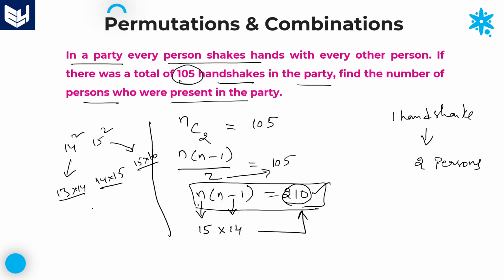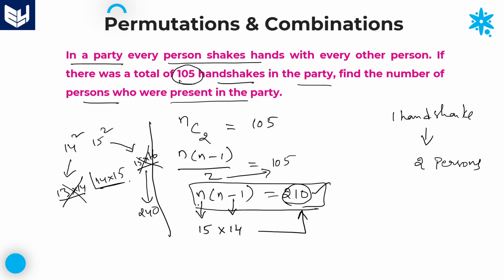Out of these three possible cases, here the units place is 2, so we check. 15 into 16 has units place 0, and 14 into 15 also has units place 0. Now this value is 240 for 15 into 16, because 15 square is itself 225, and if you take more than that, it is not less than 225.